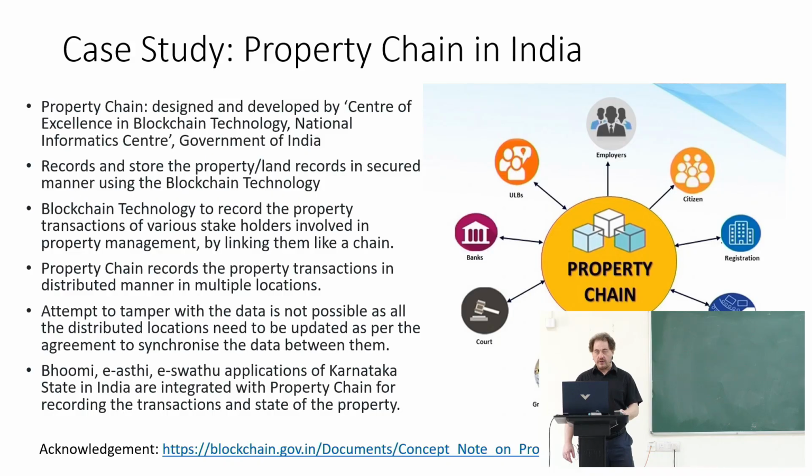There is also, of course, the question of distribution, right? So property transactions can take place in multiple locations, and the idea is that the blockchain helps with tamper-proofing. In the state of Karnataka, there are several applications such as Bhumi, e-Asti, e-Svato, and those applications are integrated with property chain for recording the transactions and state of the property.